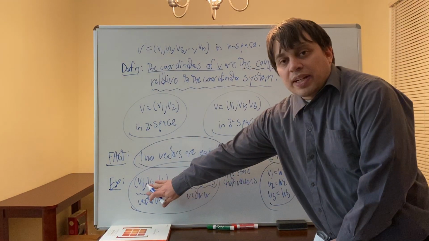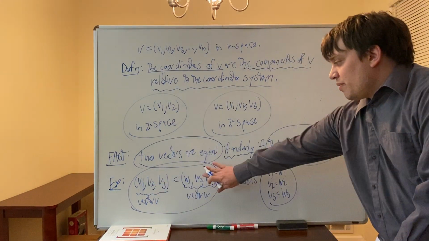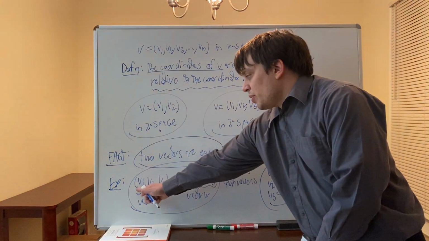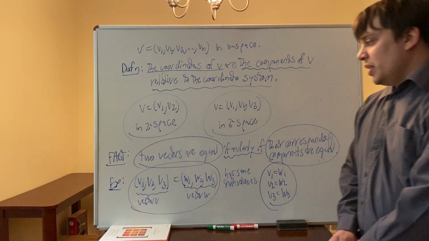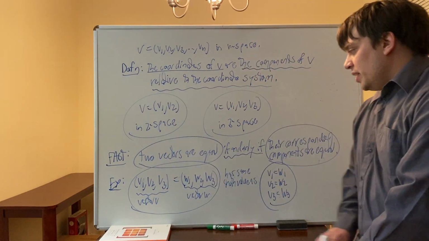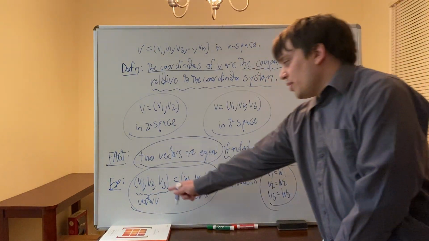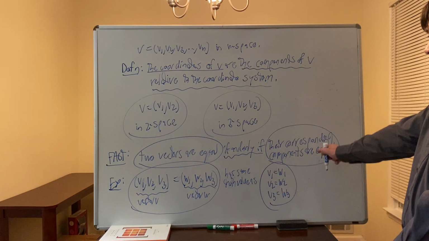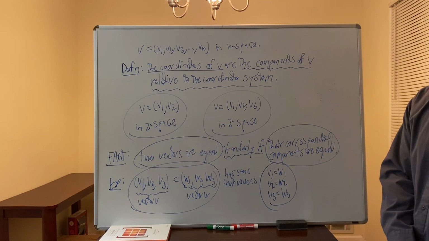So this vector v with three components equals this vector w with three components has the same truth value as the first component of v equals the first component of w, and the second component of v equals the second component of w, and the third component of v equals the third component of w. That's the meaning of corresponding components are equal.